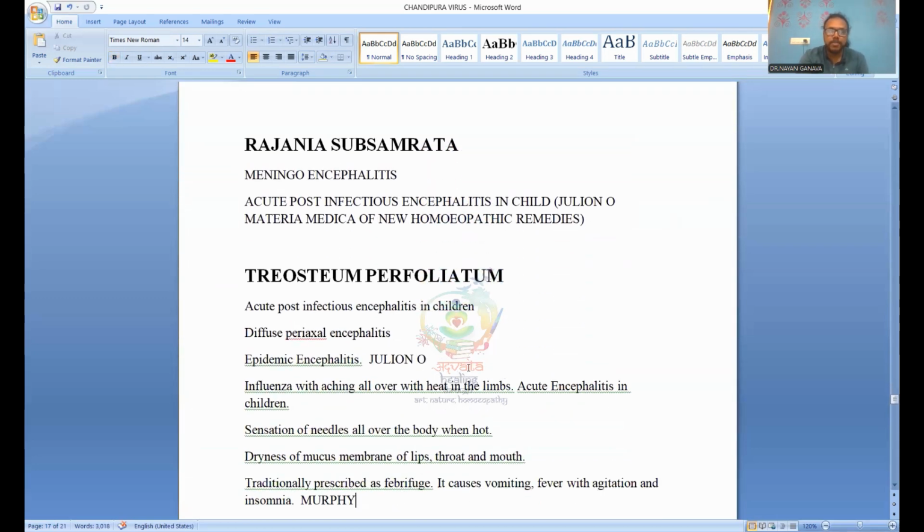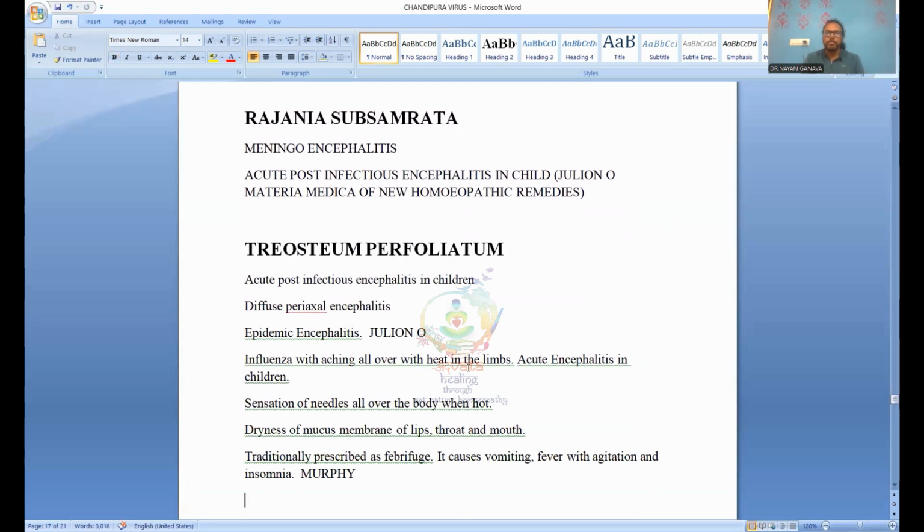Another rare remedy is Rajania subsamarata, which is also used in meningoencephalitis, acute post-infectious encephalitis in child. That is what is written by Julian O in Materia Medica of New Homeopathic Remedies.